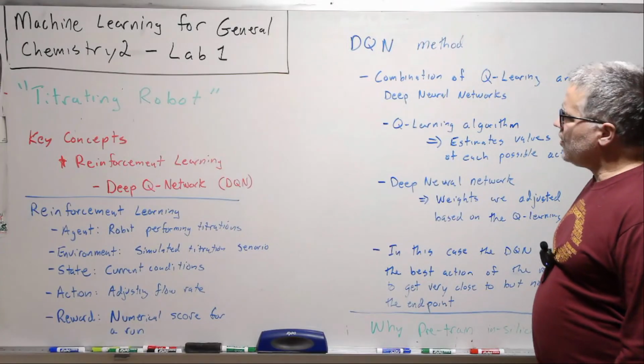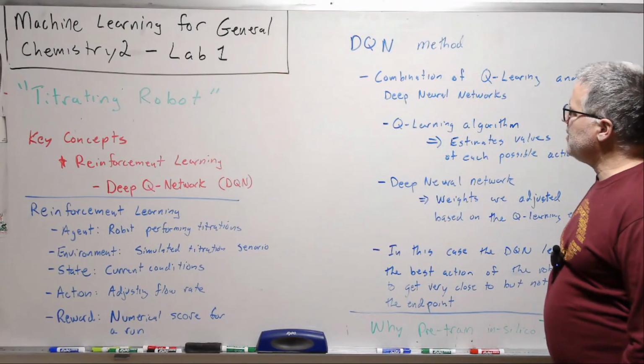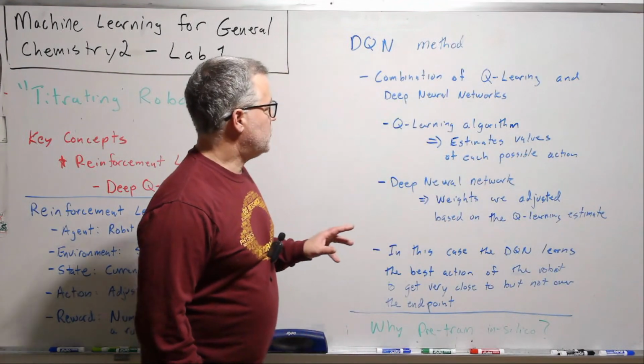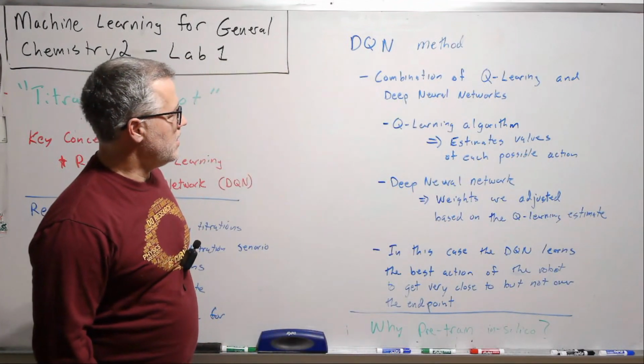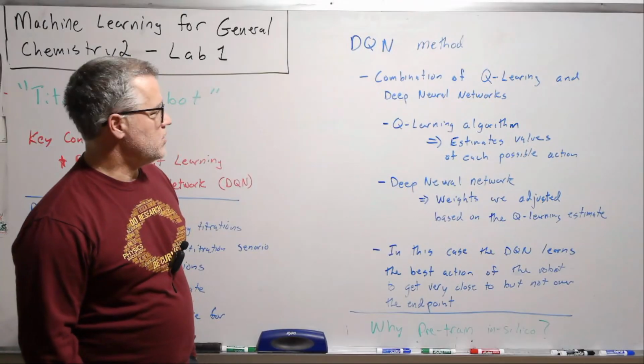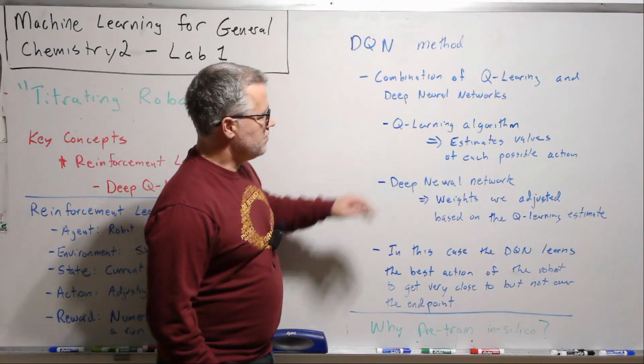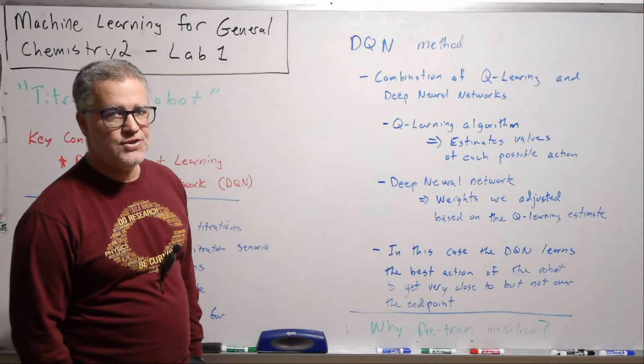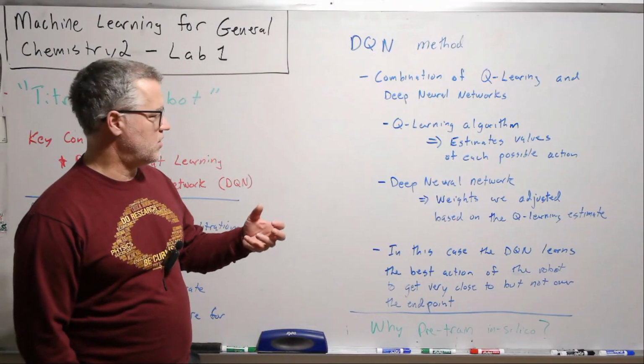Okay, so just a little bit more about this DQN model. It's a combination of a couple of machine learning algorithms, the Q-learning algorithm and deep neural networks. So the Q-learning algorithm will estimate the possible values of each action given the current state.